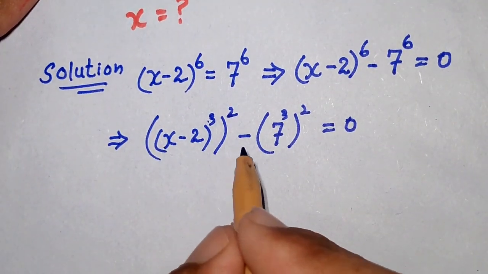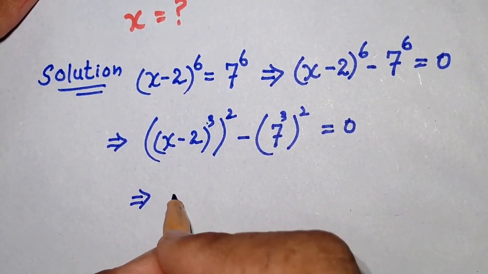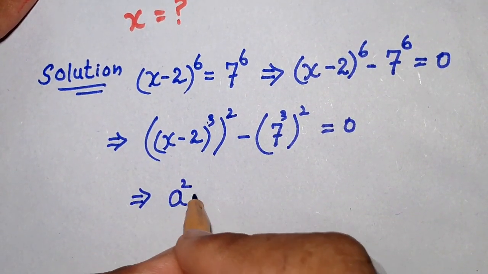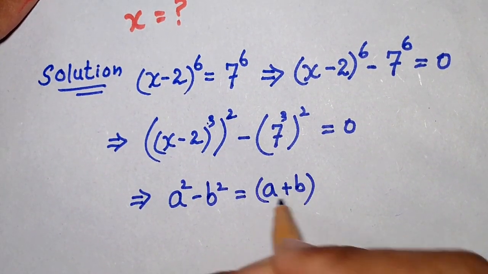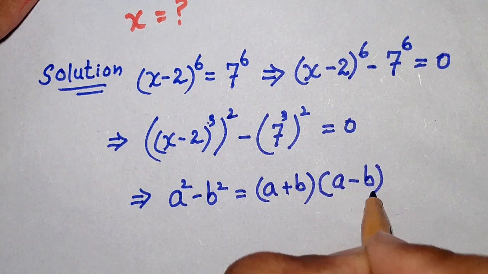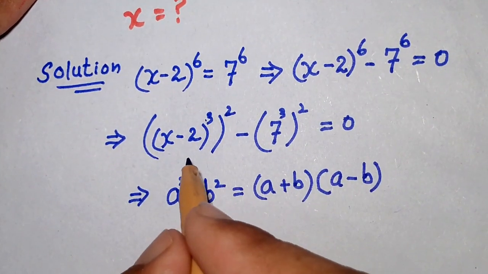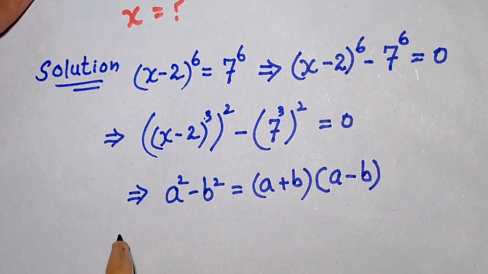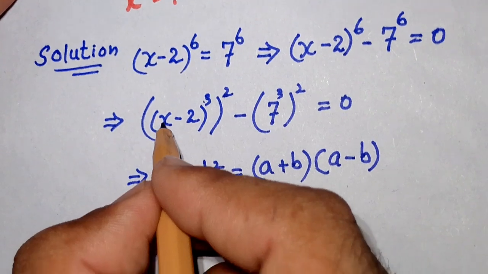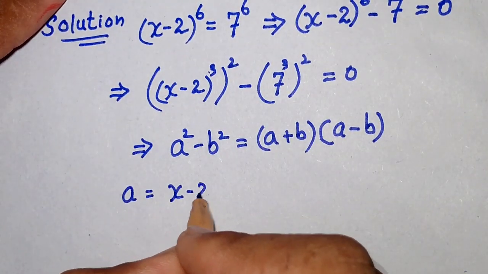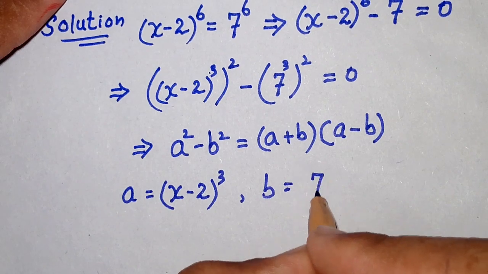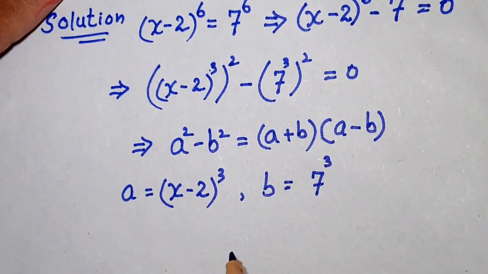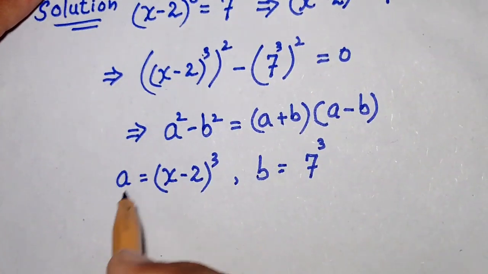Now to solve this, this is in the form of a² − b², and this is equal to (a + b)(a − b). So we have to apply this identity. Here a is equal to (x − 2)^3 and b is equal to 7^3.